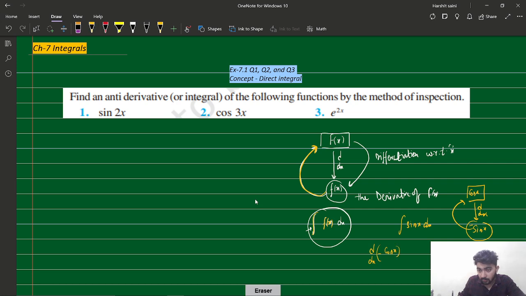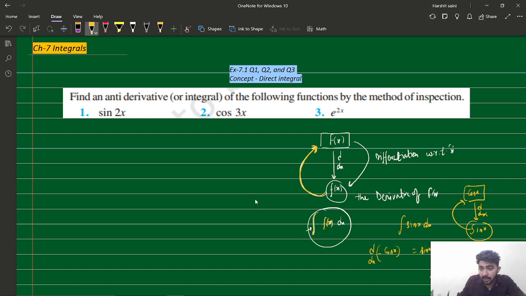By differentiating minus cos x, we are getting sin x. Understood or not? So hence the integral of sin x is minus cos x.